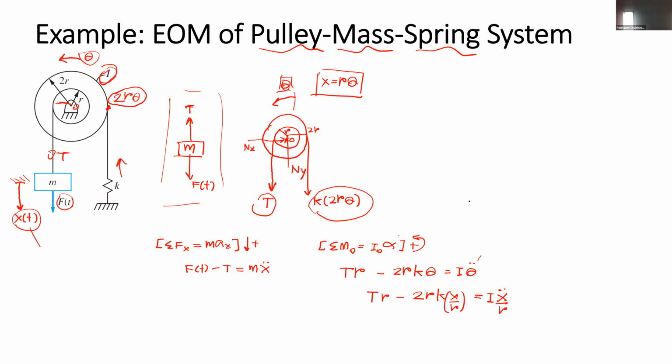So what is T, or the tension? The tension multiplied by r can be I x dot dot divided by r plus 2kx.